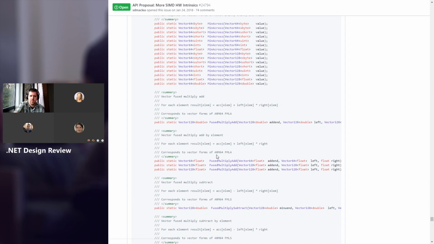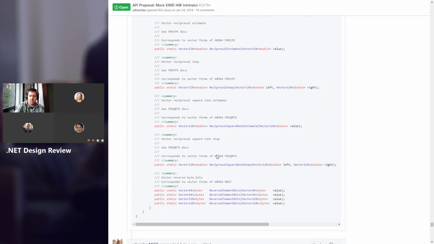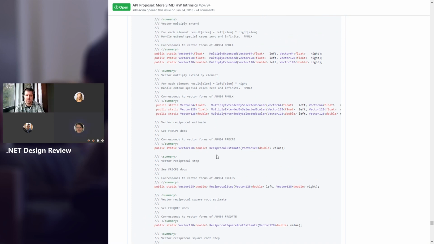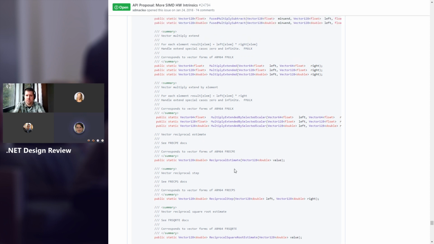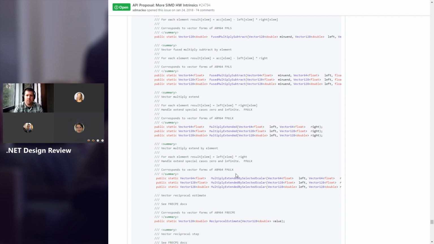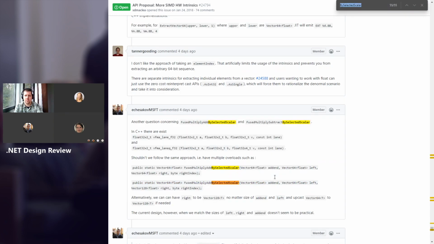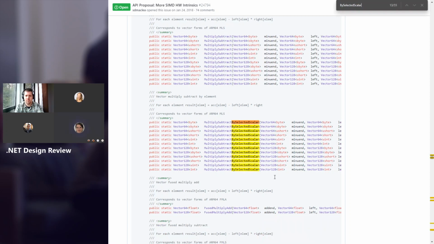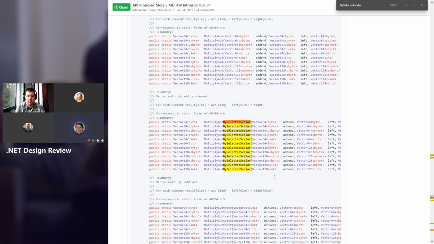Yeah, sorry, which one was the overloads for? Wasn't it the biselector one? Yeah, the one just in the middle of your screen there. Oh, you just scrolled past it. At the top? Oh, yeah. Right there. Oh no, that's multiply extended. That might have been the second one. There we go, that's the one, right? How about the fused one? Yeah, I think it was the fused version.